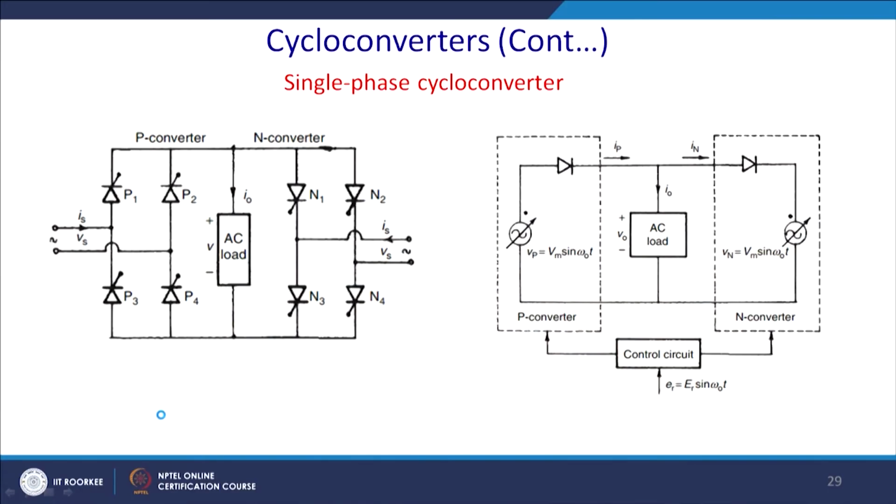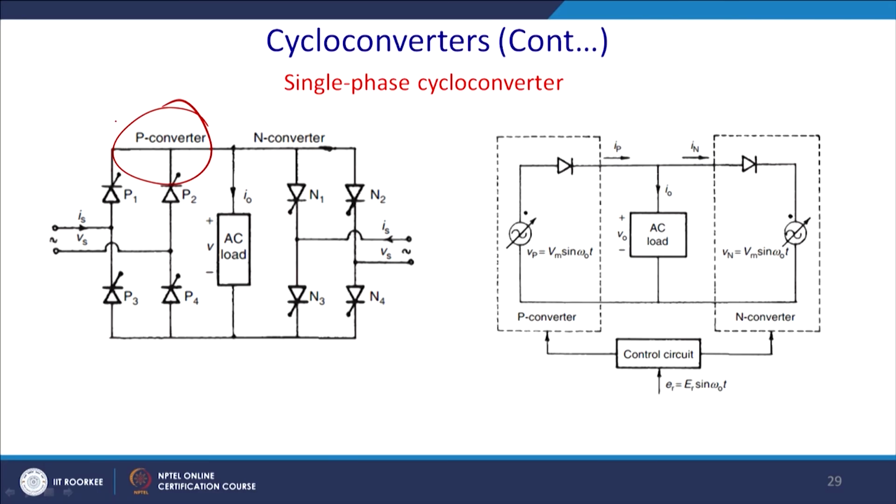We have discussed the dual converter while discussing the DC to DC converter. This is one example, essentially a miniature of the cycloconverter, where we say this is a P type converter, and this is basically the inversion operation.